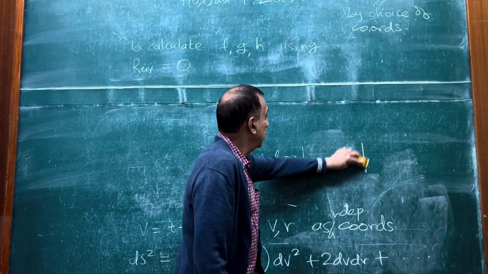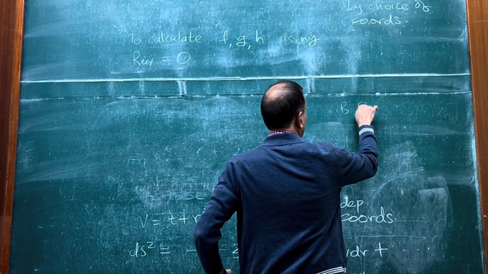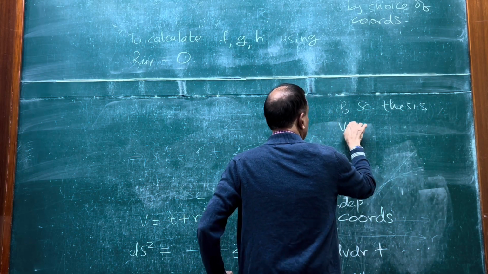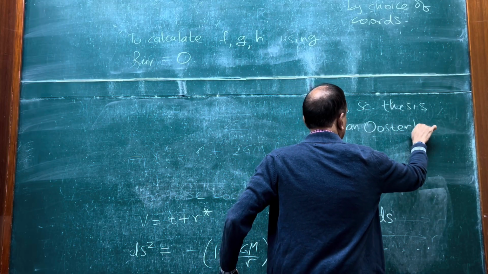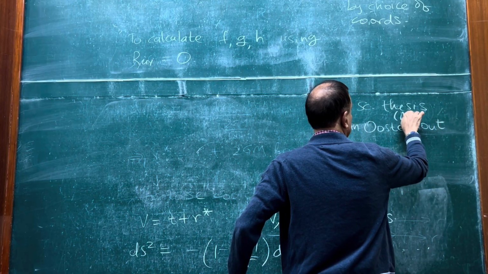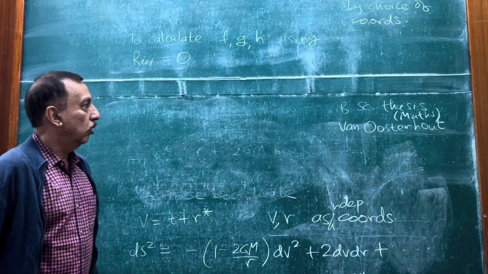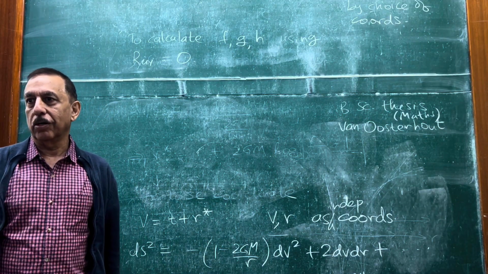So let me mention here, I'll be following a very nice BSc thesis from Netherlands. I don't think it's on the archive, but you can Google this. It's a BSc maths thesis in maths. This is the author of the thesis, and it's called something like rigorous proof of Birkhoff's theorem.